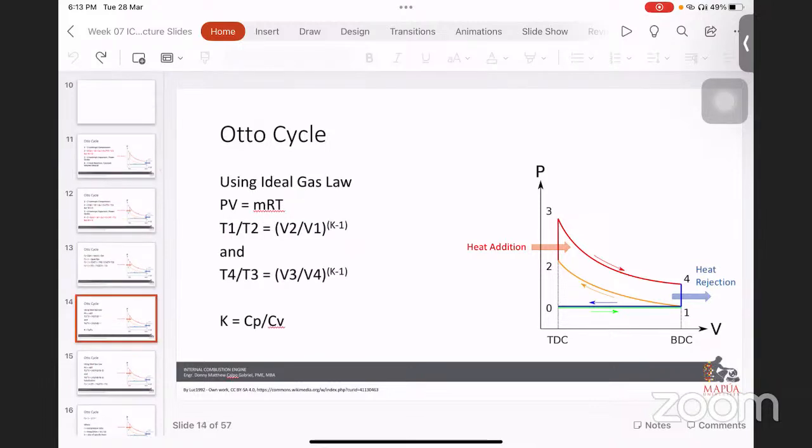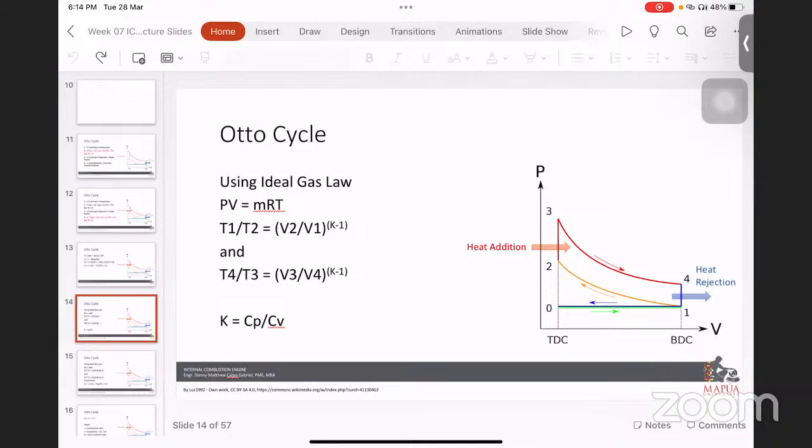Using the ideal gas law, PV is equal to MRT. Yung T1 saka T2, pwede nating igawing V2 saka V1 raised to the ratio of the specific pressure and specific volume. Okay?